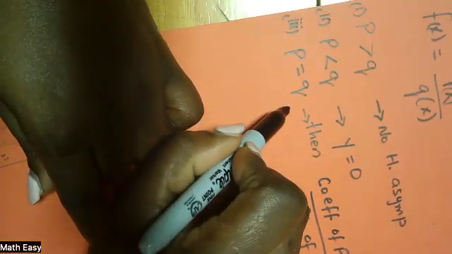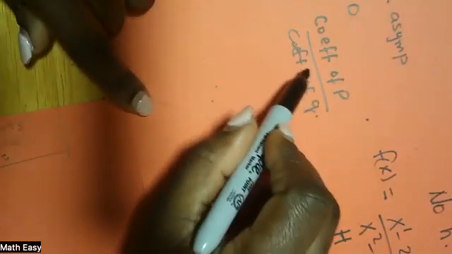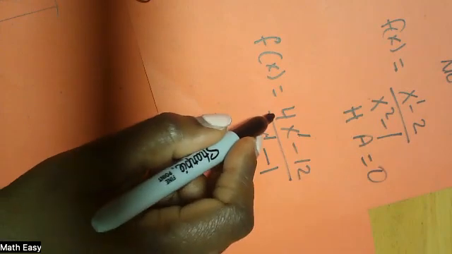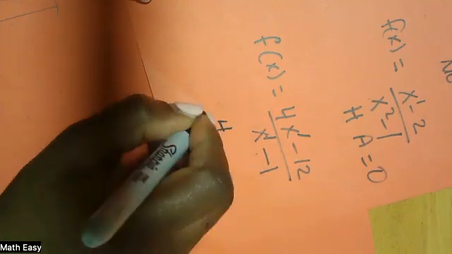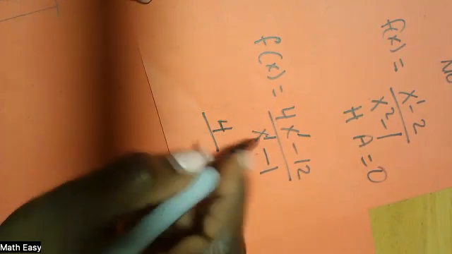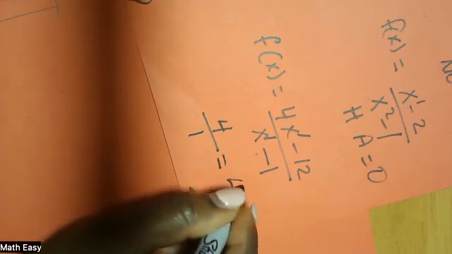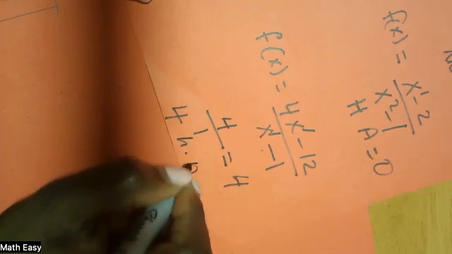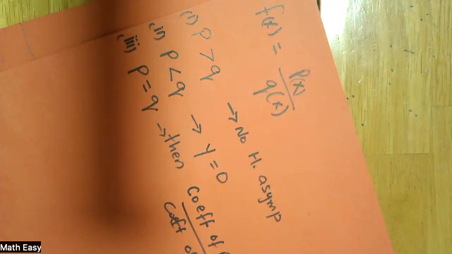So when p is equal to q, then you do the coefficient of p divided by the coefficient of q. Coefficient of p is 4 divided by coefficient of q is 1. That's 4. So 4 is your horizontal asymptote. Is that easy? You just need to memorize this to help you with your horizontal asymptote.